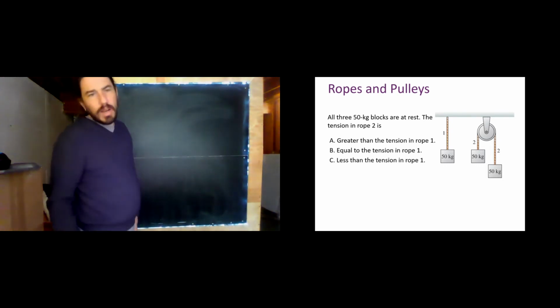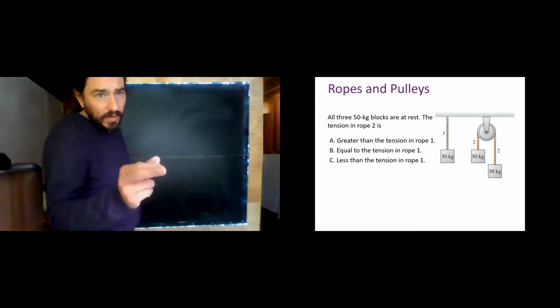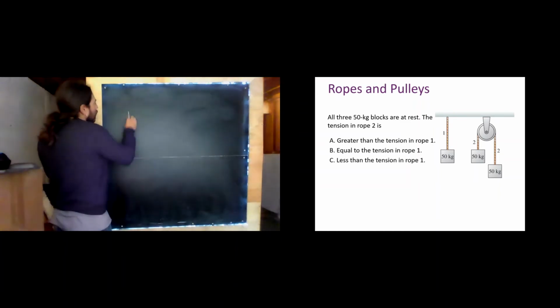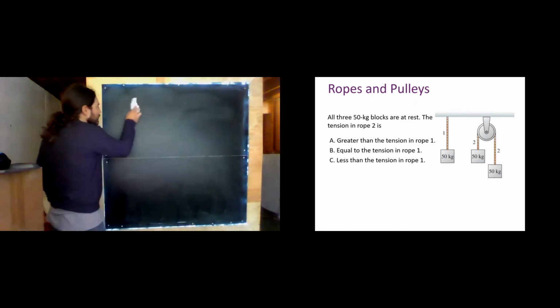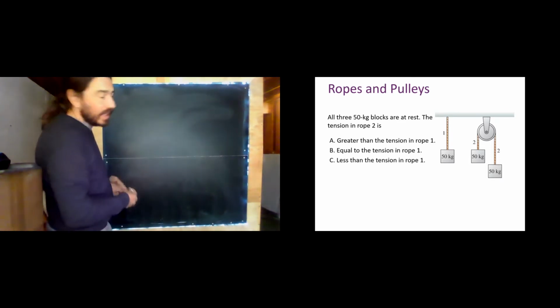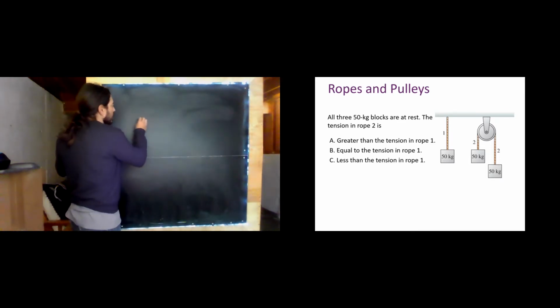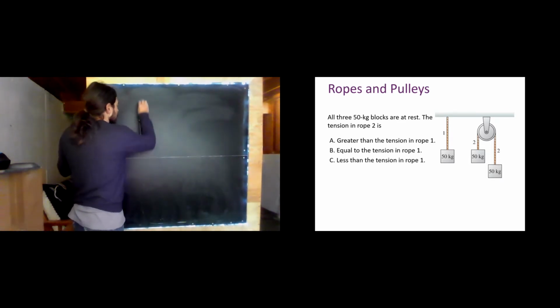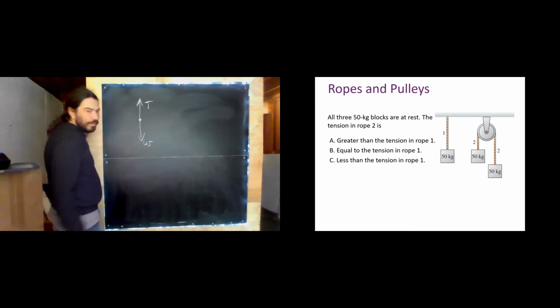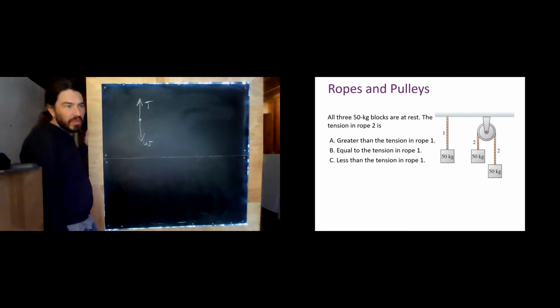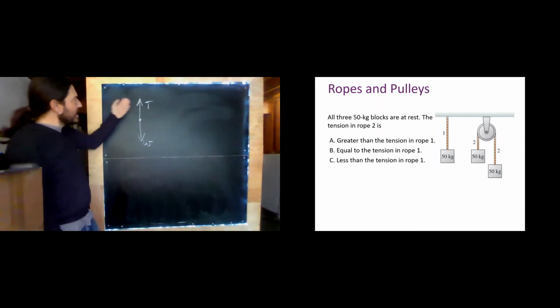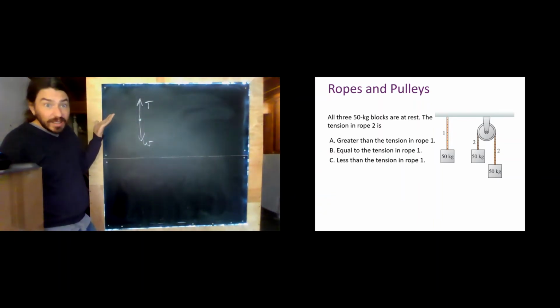Okay, well, I think in order to wrap our brains around this, let's just do a quick free body diagram for that 50-kilogram mass. The free body diagram for the 50-kilogram mass looks like weight down and tension up. Are any of the blocks accelerating? No, they're all at rest, it says. So none of them are accelerating. So that means that T equals W in every case.